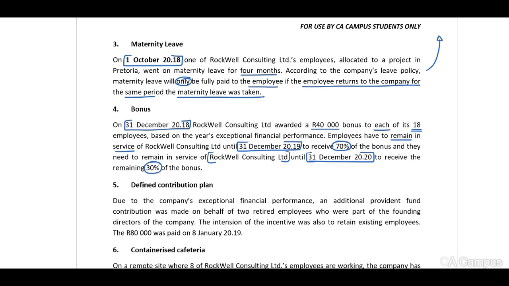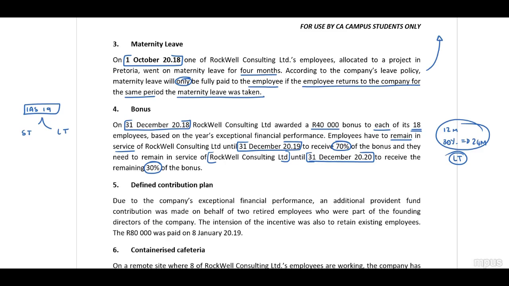Now guys, when you think about IAS 19, we need to distinguish between our short-term employee benefits and our long-term employee benefits. The first 70% will be paid within 12 months and the remaining 30% will be paid in the next 12 months, therefore 24 months. But overall, this will be in our long-term employee benefits.